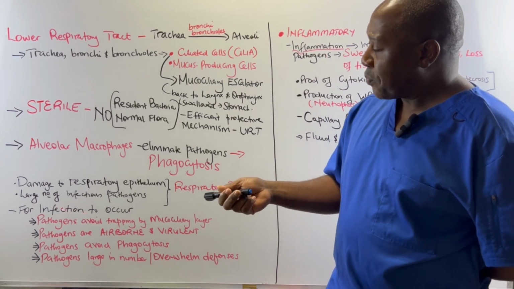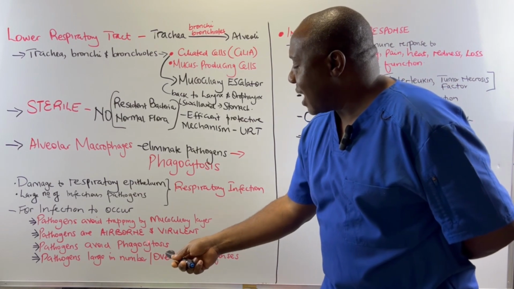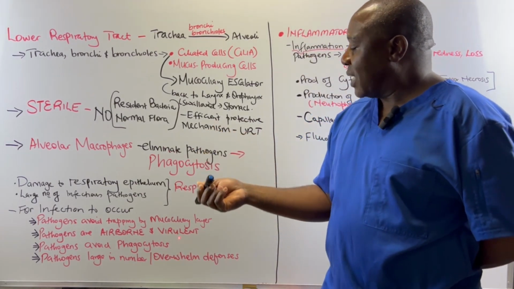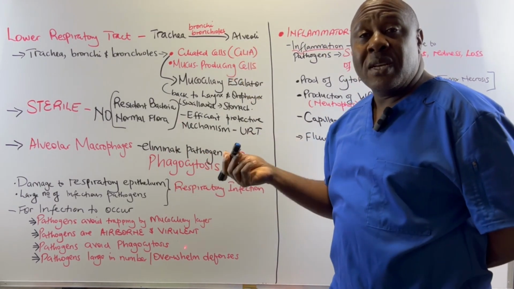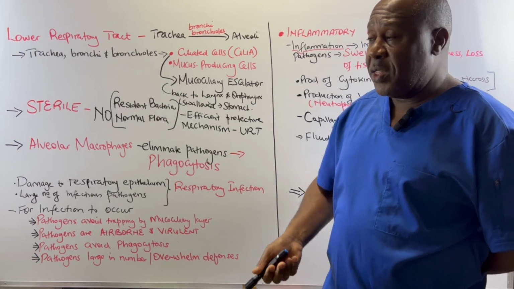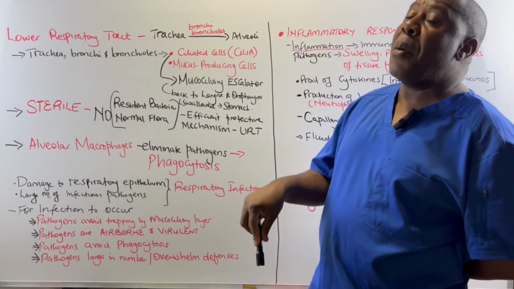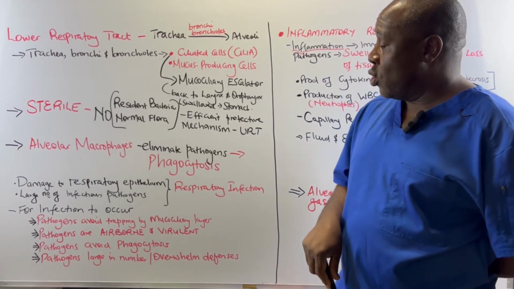Number three, for an infection to occur, the pathogens must avoid phagocytosis. Remember, phagocytosis is carried out by the macrophages, and these are found down in the alveoli. So when these pathogens are able to reach the alveoli and avoid phagocytosis, that's when they are able to cause an infection.